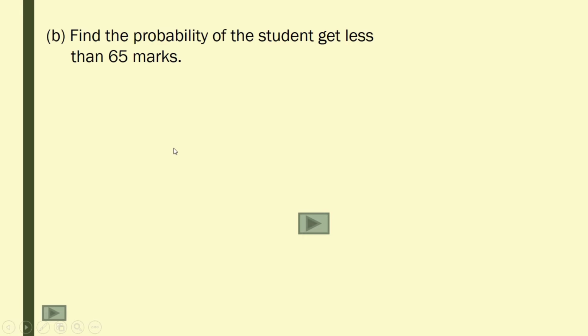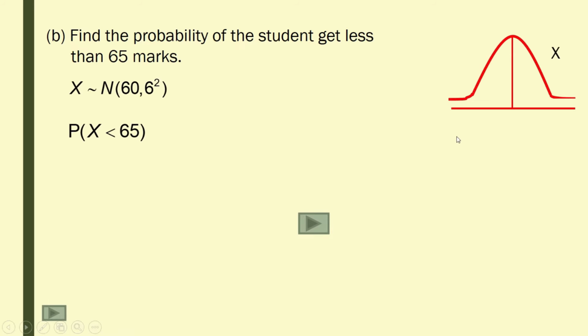Part B, find the probability that a student gets less than 65 marks. So we write P(X < 65), and we sketch the X distribution with mean 60 and a line at 65, and sketch the area P(X < 65).